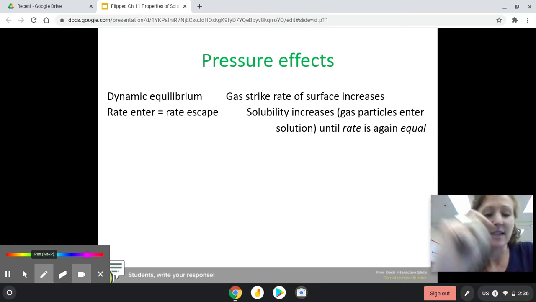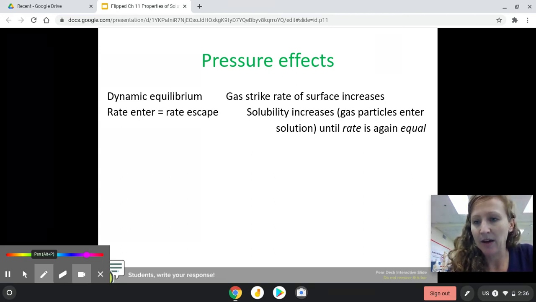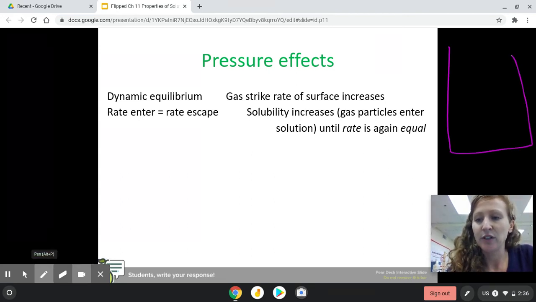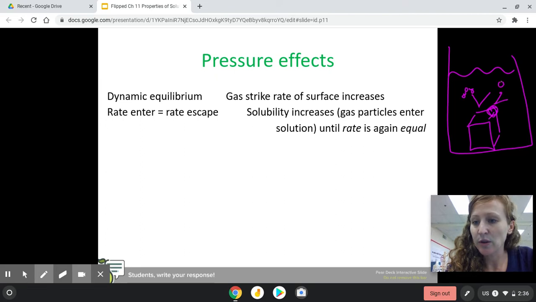of gases. So when we were talking about the effects of temperature, we were talking about if we have a salt here inside of our solvent, and how as the little water molecule collides with our salt, pieces of this salt are going to break off into their component ions, and then those ions are going to float around inside the water, right?